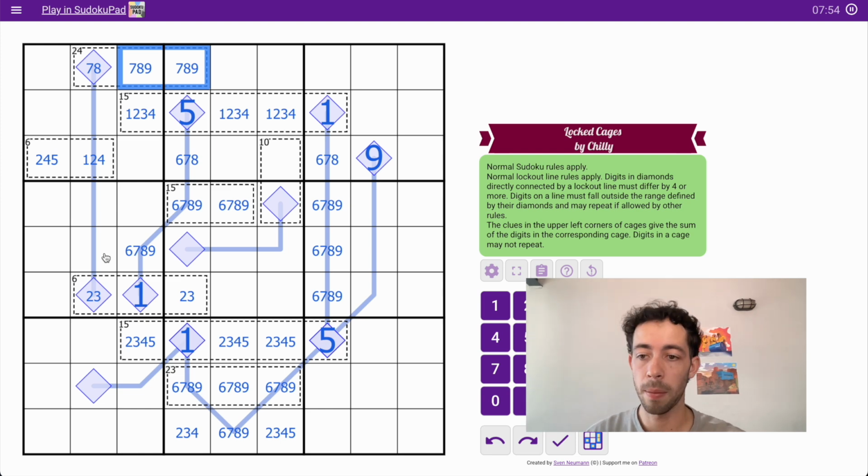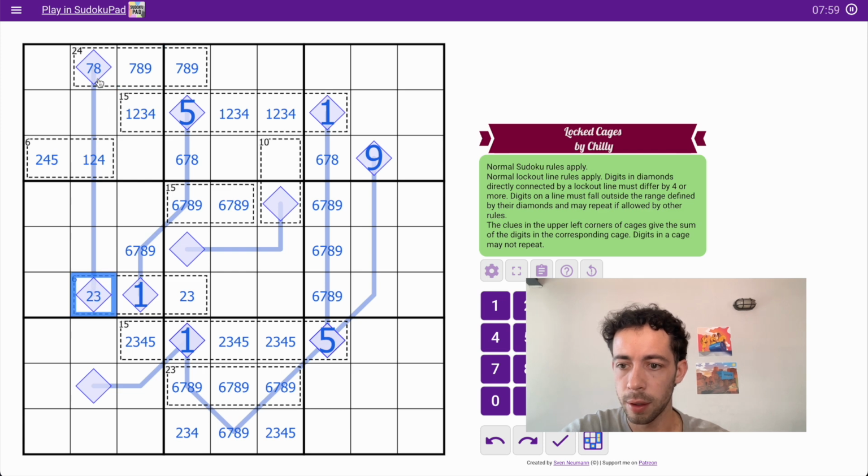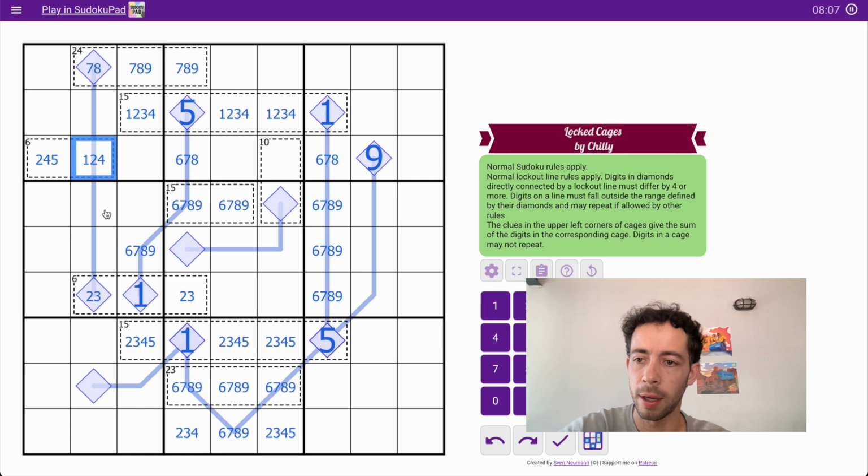Let's look at this a little bit. So 2, 7, we make that a 1. 3, 8, that could be a 1 or a 2, but in neither case is it a 4.